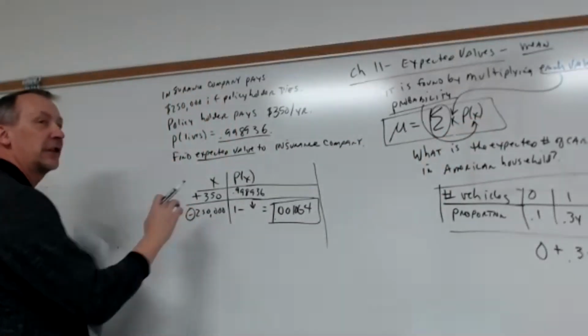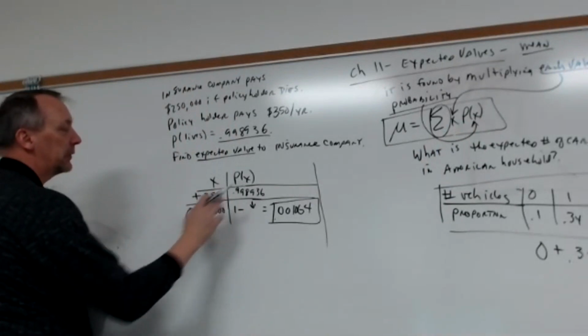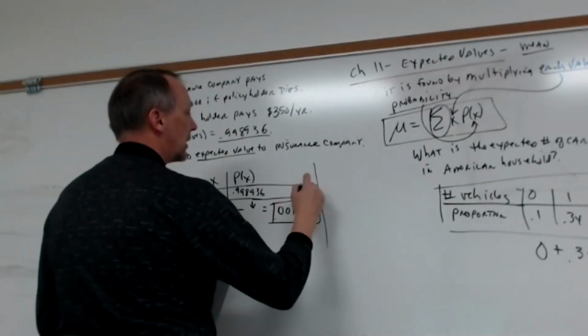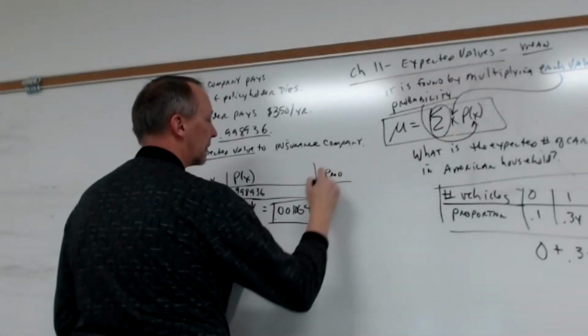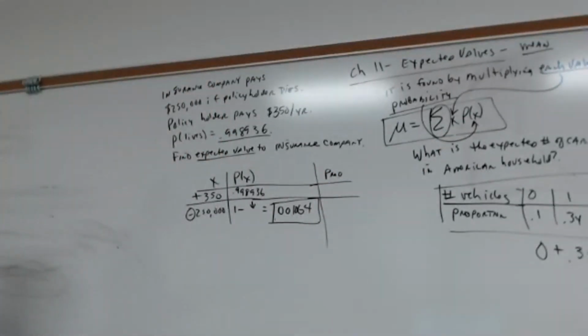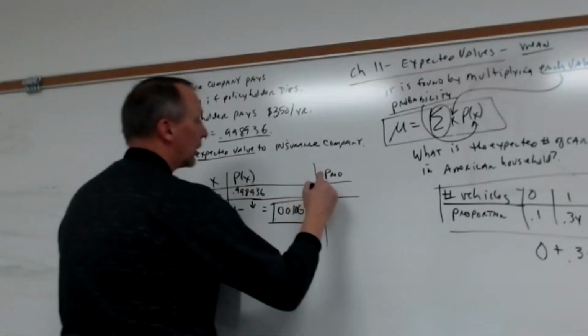So 350, who's got a calculator? 350 times 0.998936 is $349.6276.